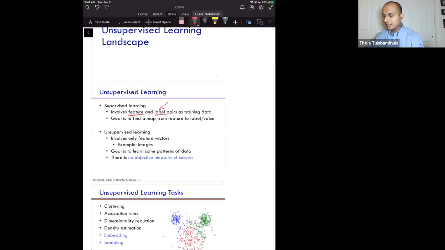But sometimes, for example, if you want to build a supervised detector of tumors, then some radiologist has to go and give you the true labels of where the tumor is and whether the tumor exists or not, from images. But once you have that, you have training data, and then your objective is to just map from feature to the label.